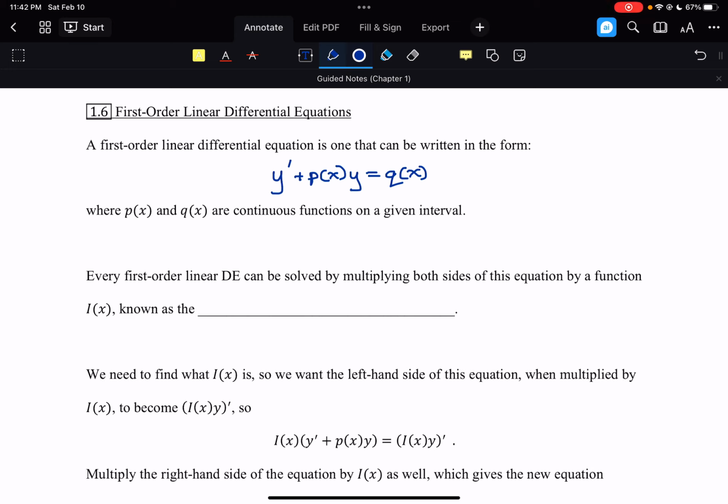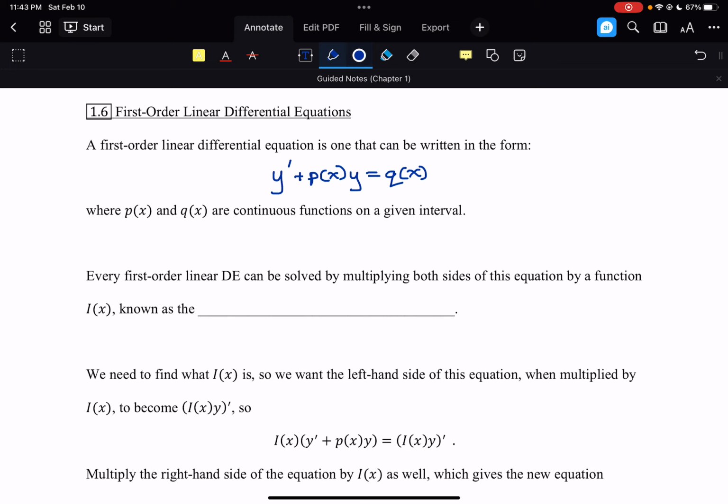So if it can be written in this form with p and q being continuous functions on a given interval, then we consider this differential equation first-order linear, and we have a method to be able to solve this type of differential equation. And we are, in this section, going to derive that process and then see how we use it across some different examples.